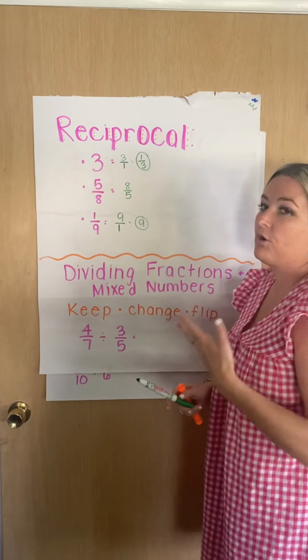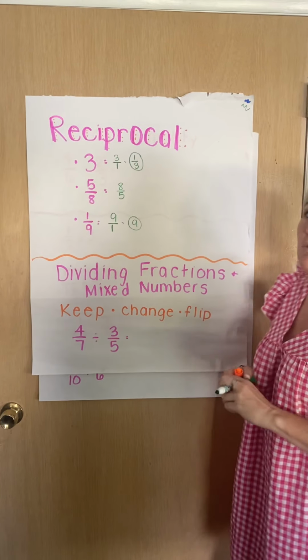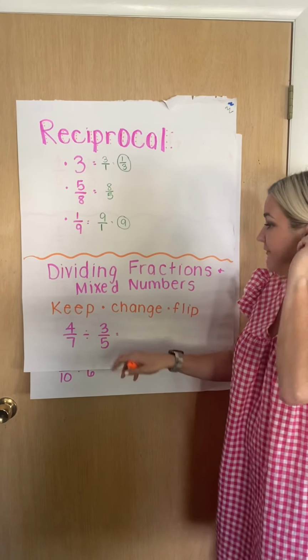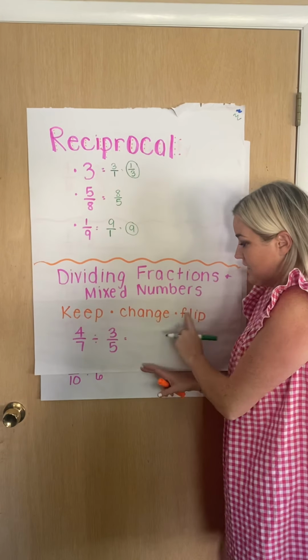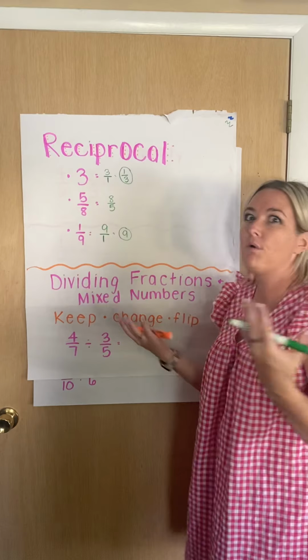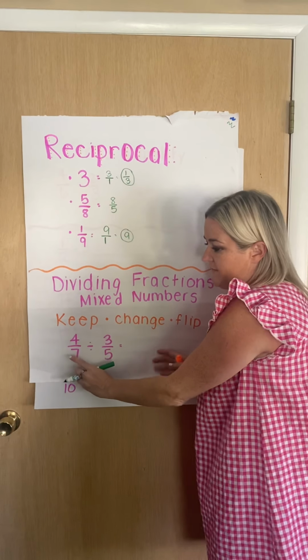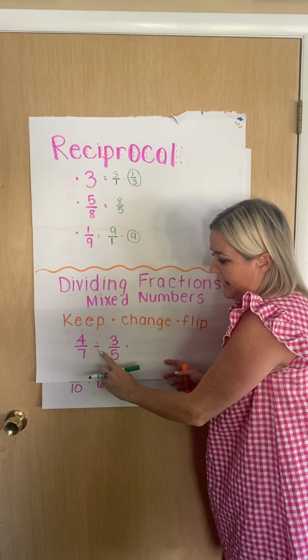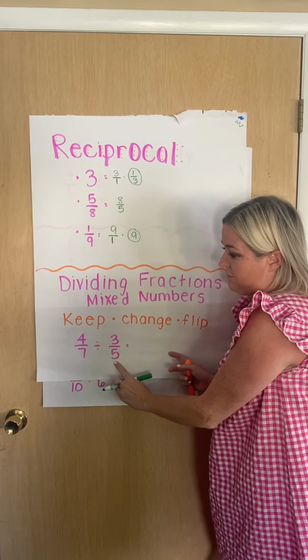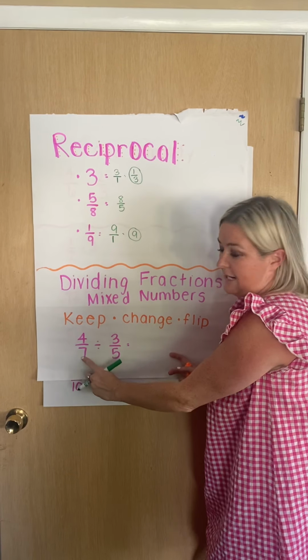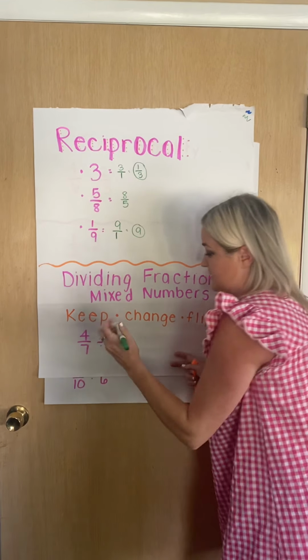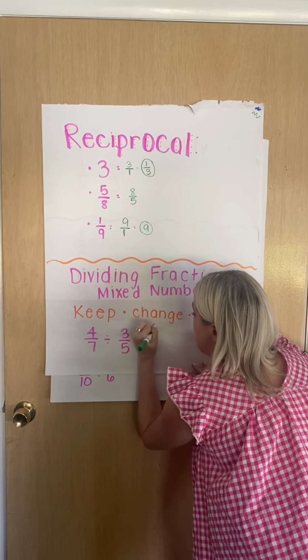Before we get started, the number one rule that you have to remember when we divide fractions is keep, change, flip. If I'm dividing 4/7 divided by 3/5, I'm going to keep my first fraction, so I'm rewriting 4/7. That's going to stay the same.